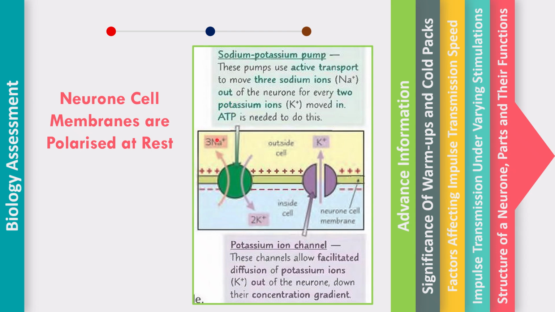So 3 sodium go out and then 2 potassium go inside. This is going to make the membrane become polarized. And here we have the potassium ion channel, which is always open, and it is allowing the escape of potassium ions to diffuse out.